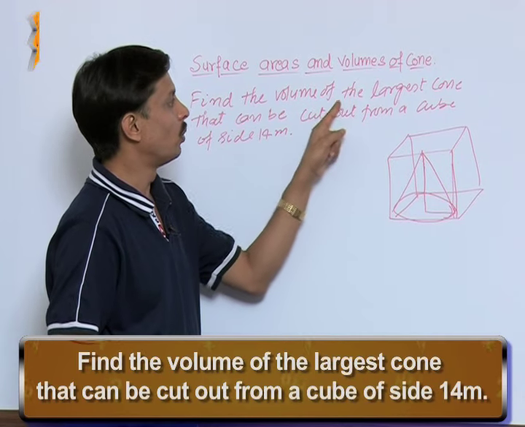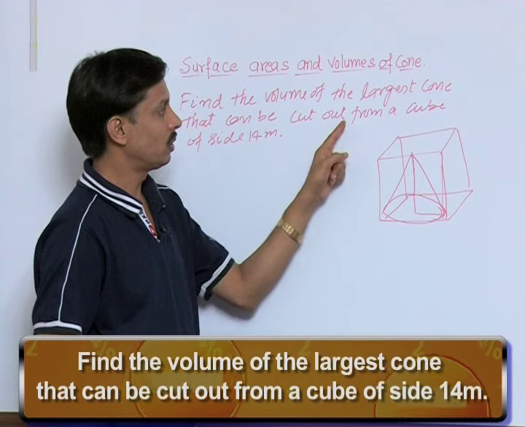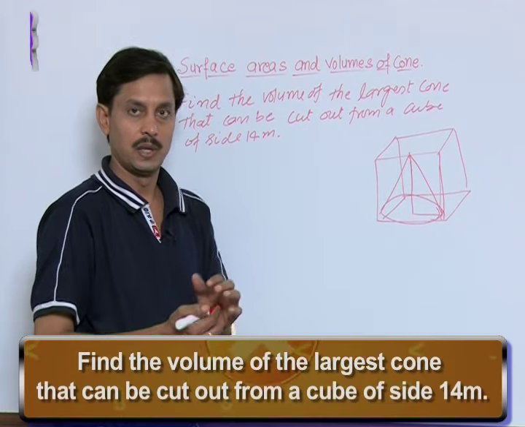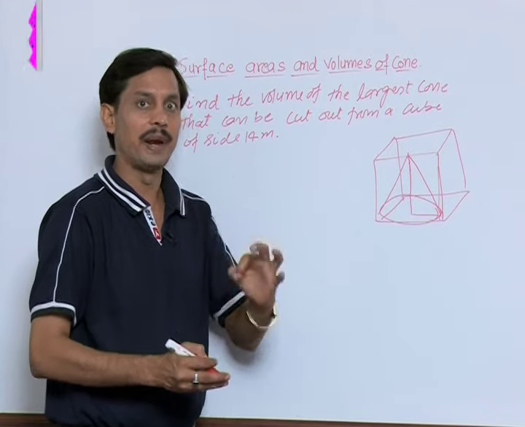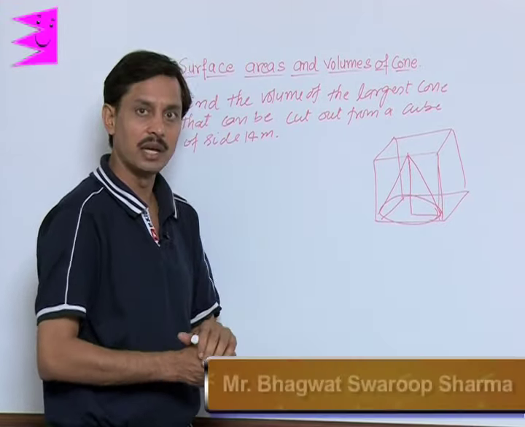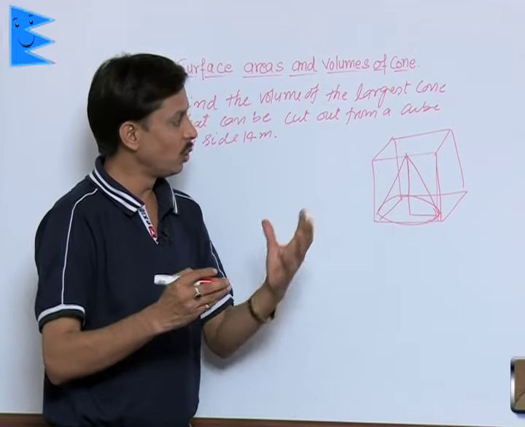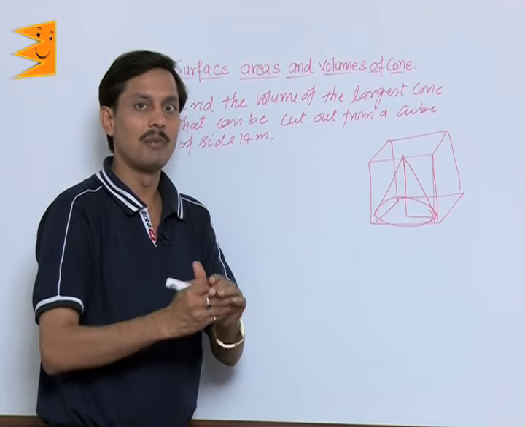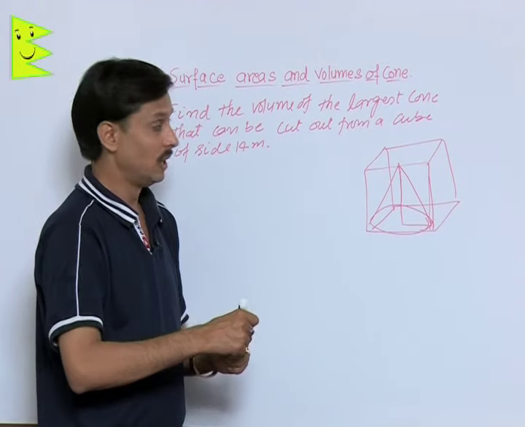Find the volume of the largest cone that can be cut out from a cube of side 14 meter. From a cube whose each edge, length, breadth, height is 14 meter, as it is a cube, all have to be equal. We want to carve out a cone of maximum size, the largest.